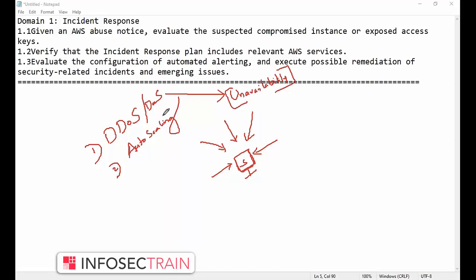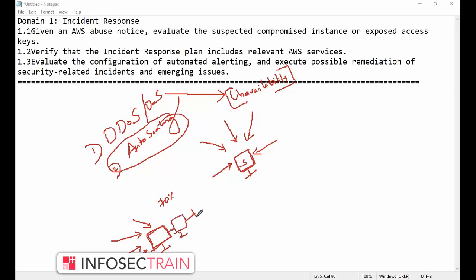So how can auto scaling buy us some time? I'm just drawing the same thing here. If you configure auto scaling, when the attack starts and some people try to send packets to the server, we can configure rules for auto scaling. If traffic increases more than 70% or 80%, I'll set a rule so that it will add one more server.